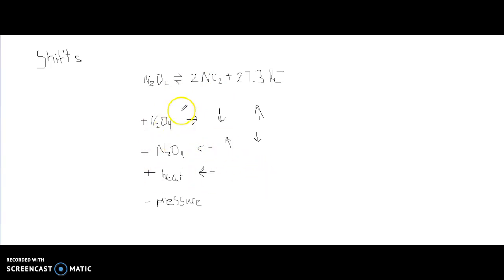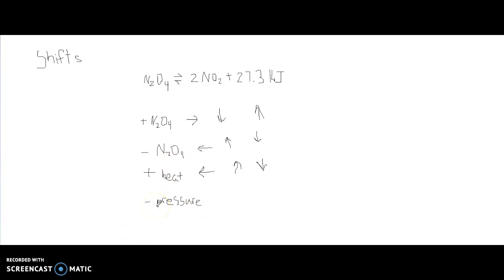So then the concentration of N2O4 is going to go up, but the concentration of NO2 is going to go down. Because when you're adding heat, you always go to the colder side. But when you're removing heat, you go to the warmer side.